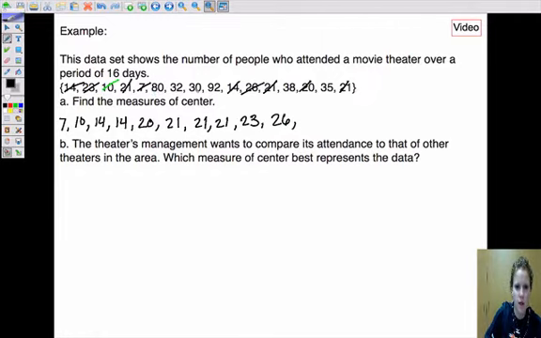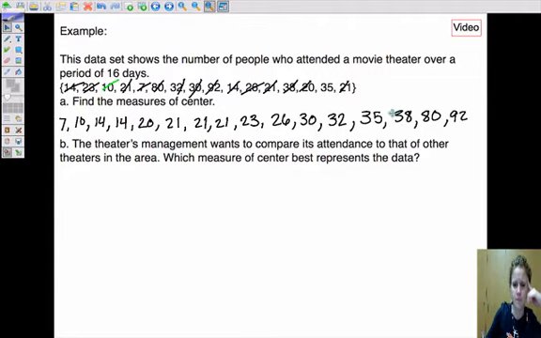Looks like next we have 30, 32, 38, 80, whoa, we jump up to 80, and 92.